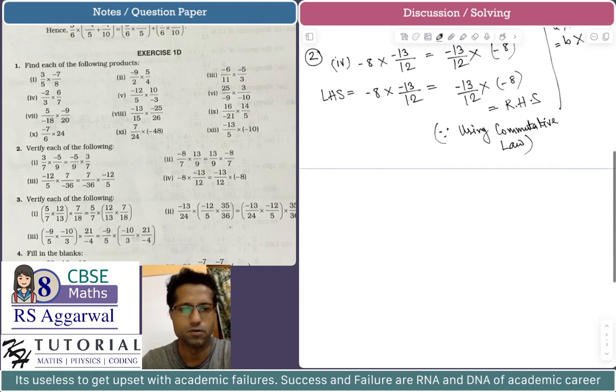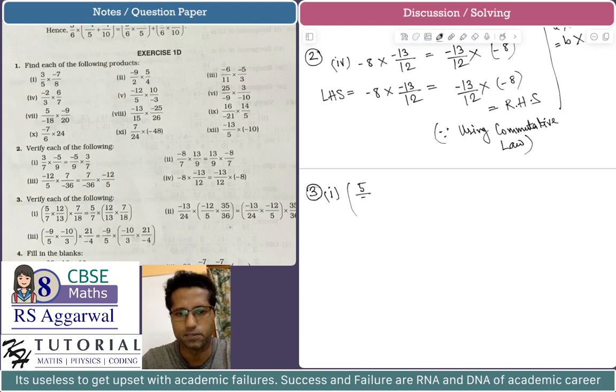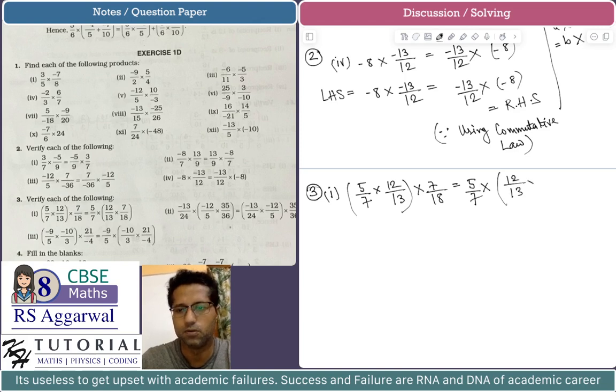Okay, let's move on to question number 3, where also it is asked to verify whether the left hand side is equal to the right hand side or not. Let's do part 1. It is asked to find whether 5 by 7 multiplied by 12 by 13 multiplied by 7 by 18 is equal to 5 by 7 multiplied by 12 by 13 into 7 by 18.